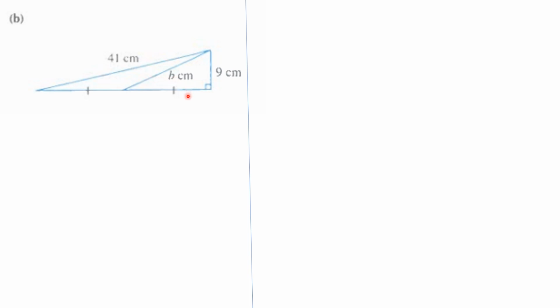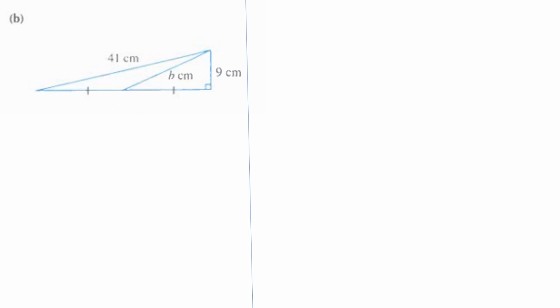Now which one we actually use depends on the two known sides. This one is the known side and this one is also the known side. That means I can use these two to find the third one, and it can help me to find this side. So let's do it.